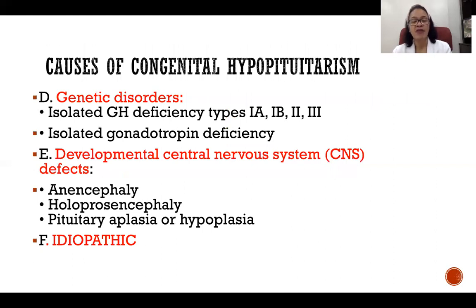Other causes of congenital hypopituitarism are genetic disorders such as growth hormone deficiencies and gonadotropin deficiencies, or even defects in the development of the central nervous system. Okay, and then some causes could be idiopathic.